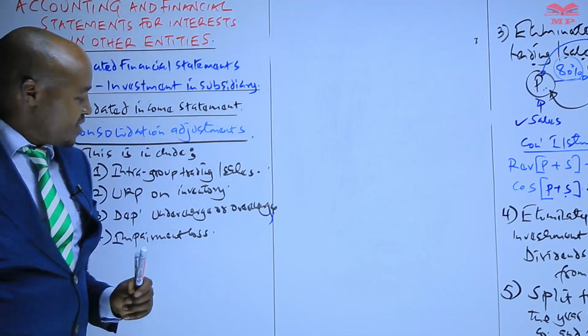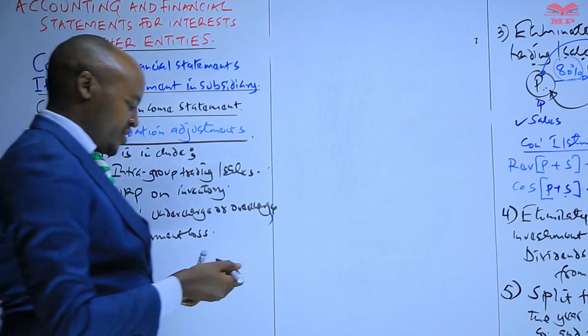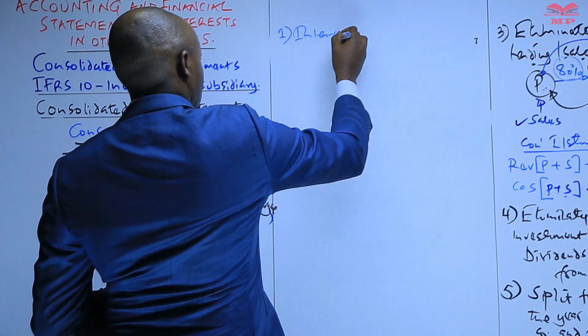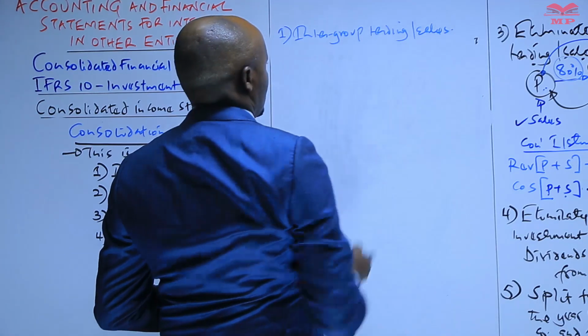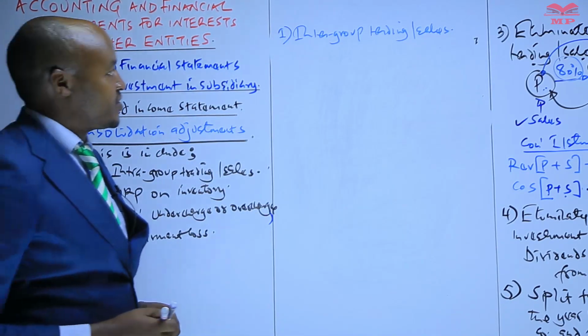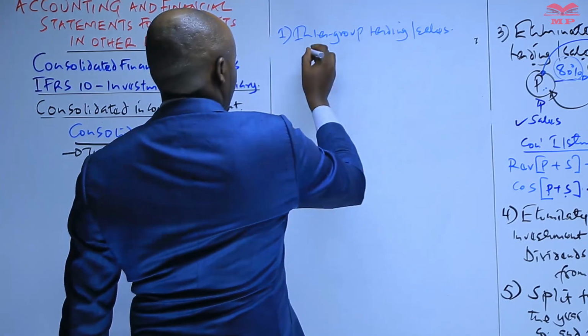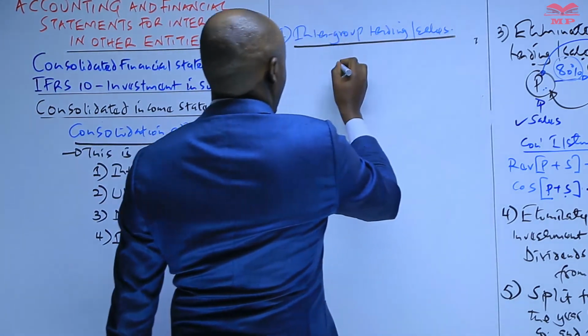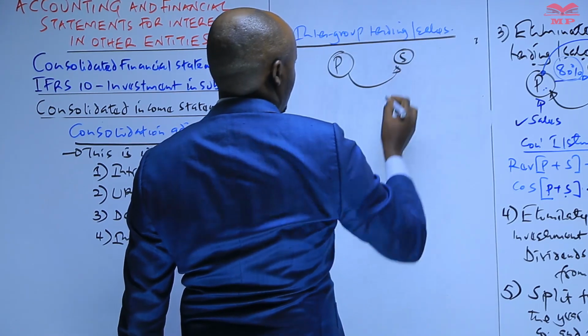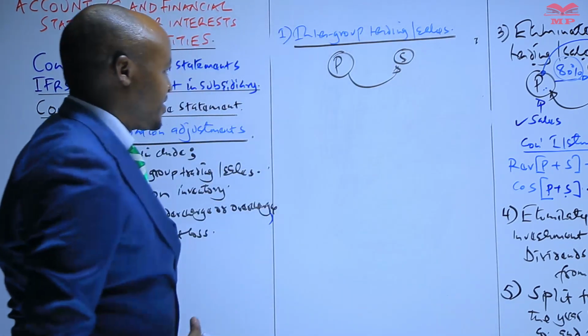So let's start with the first one here, intra-group trading. When we talk about intra-group trading or intra-group sales, this refers to any sales between the group members. For example, the parent company selling some goods to the subsidiary, or vice versa.